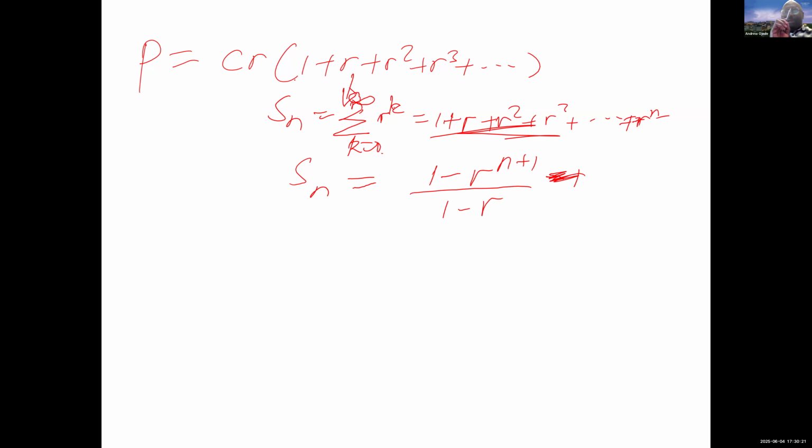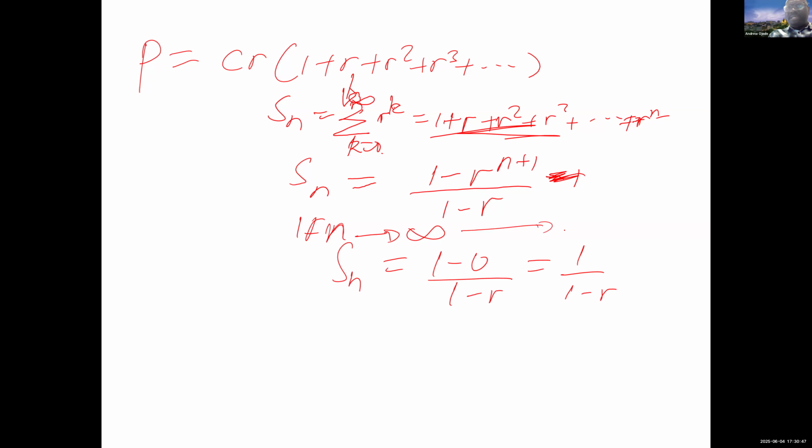So now I want you to think critically about this. The perpetuity bond is what is going to pay you coupon forever. So that means if N goes to infinity, the sum of this series is going to be equal to 1 minus 0 divided by 1 minus R, which is just going to be 1 over 1 minus R. If N goes to infinity, it means that R to the power N plus 1 is going to go to 0, because R is a fraction.